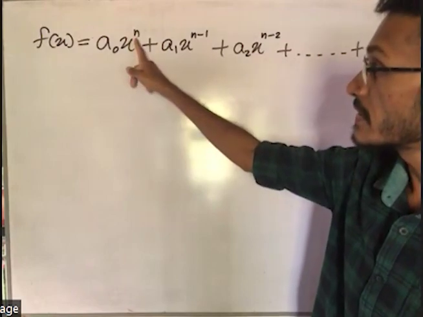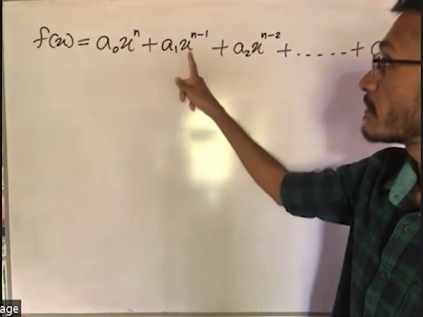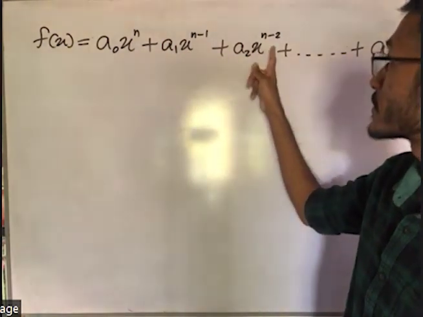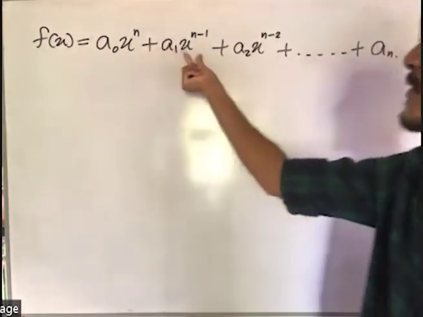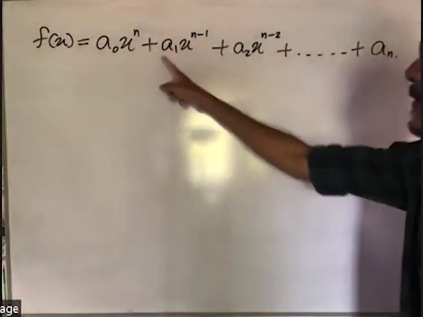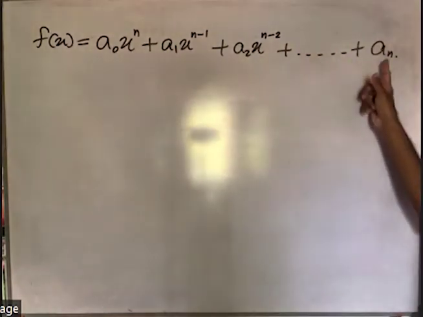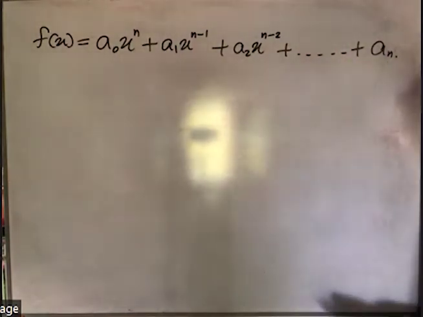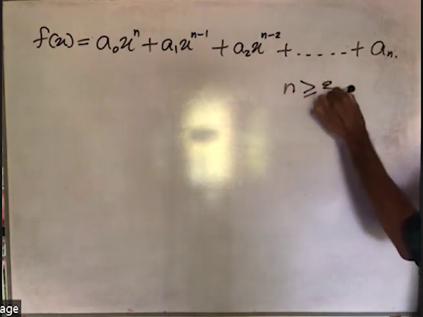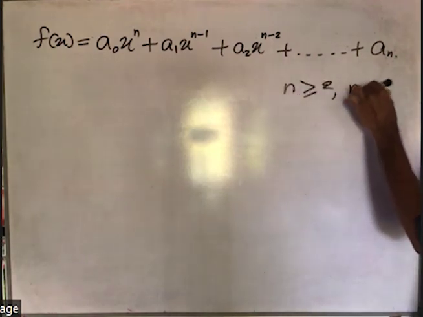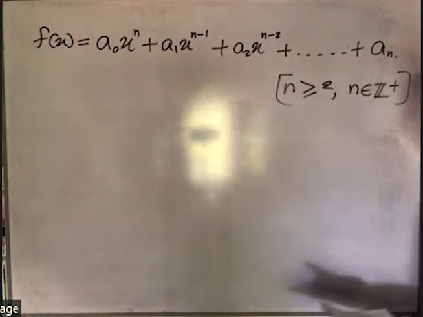Here n is the power of the first term. The next term's power is n minus 1, then n minus 2. So you can see that the power of x reduces from n down to 0. a naught, a1, a2, a3 up to an are just constant terms, right? Here n is greater than or equal to 2 and n is a positive integer.